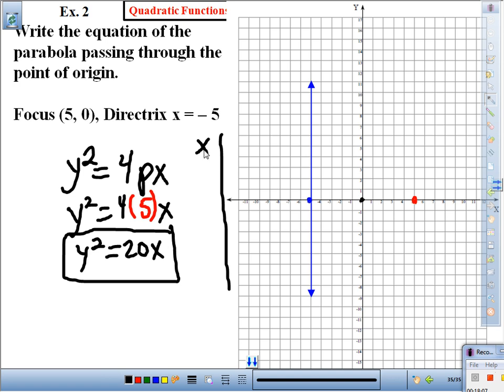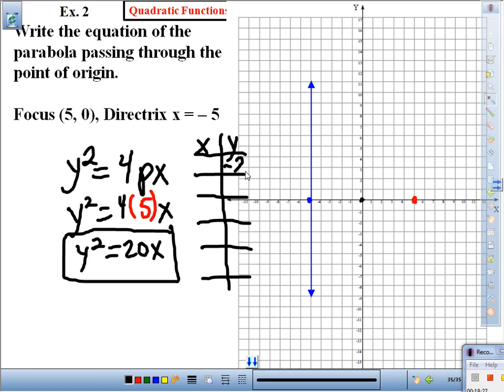x, y, question. Which values am I going to substitute in there now? y values, because we need positive y values and negative values so that it can curve.